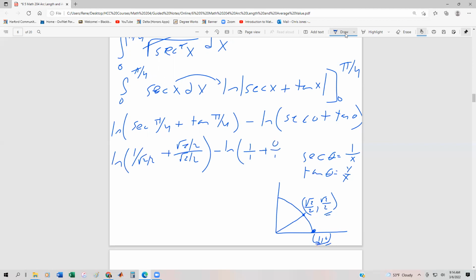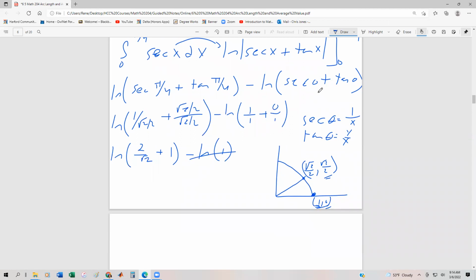All right. So if you've never been too good at evaluating your basic trig stuff, especially without a calculator, this is what you should be doing: using a unit circle to calculate those. If we simplify this, natural log of 2 over root 2 plus 1, and over here, this just becomes natural log of 1. And we know natural log of 1 is going to be 0.